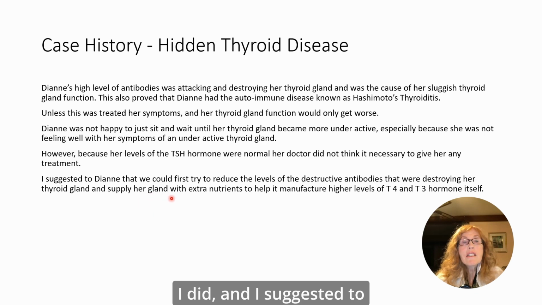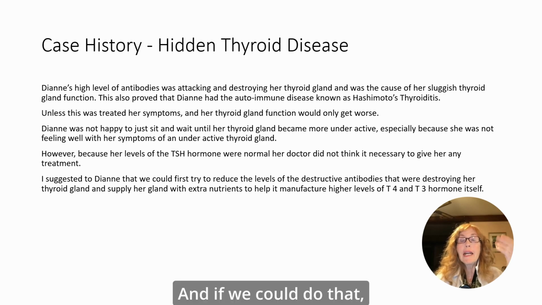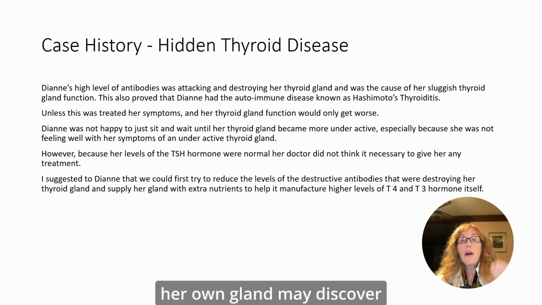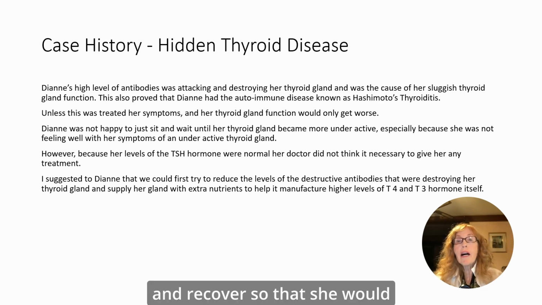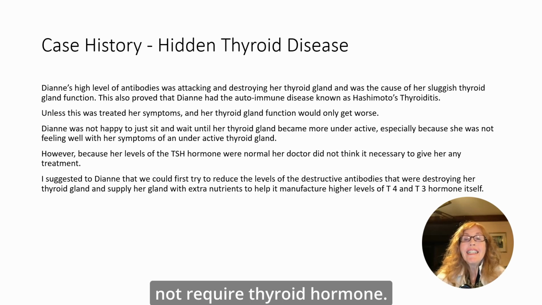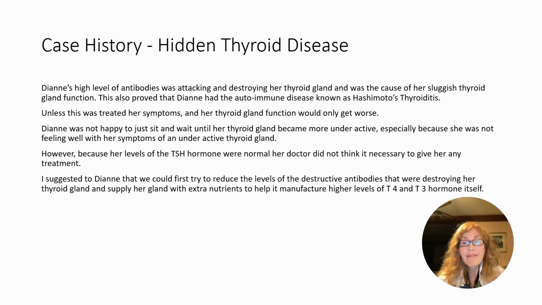And I suggested to Diane that we should first try to reduce the level of the antibodies attacking her gland. And if we could do that, her own gland may recover, so that she would not require thyroid hormone. We just needed to get those antibodies down.